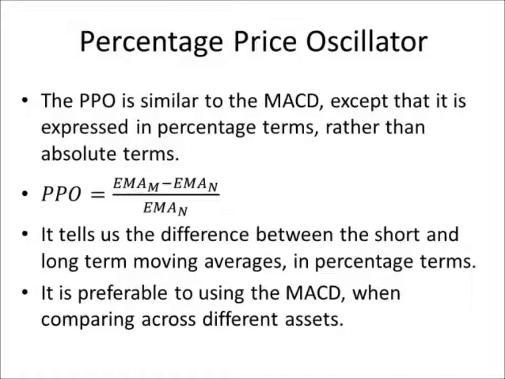Now let's think about why we might want to do this. If we're just trading a single asset, we saw when we did it on the Nifty that it was straightforward to just use the MACD line. But what happens when we want to compare different assets? Let's say I want to compare the Nifty index and the BSE Sensex. The Sensex values are much greater.